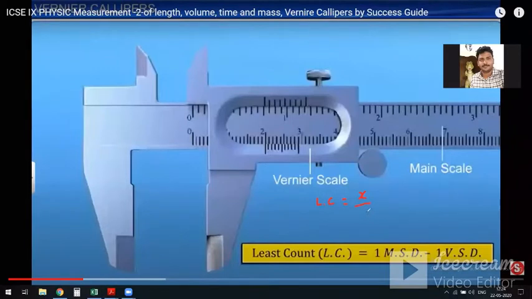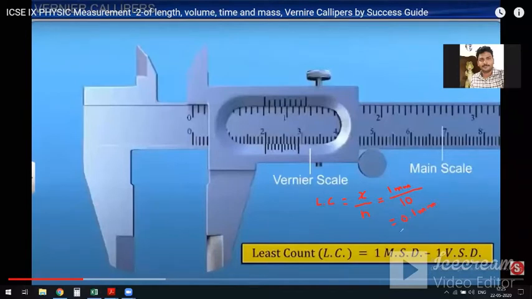Now what is x? x means the smallest division on main scale, which is actually 1 mm, upon n. What is n here? Number of divisions on Vernier scale. So what will be the answer? Here the answer comes directly as 0.1 mm. So this is the shortest formula for calculating least count.